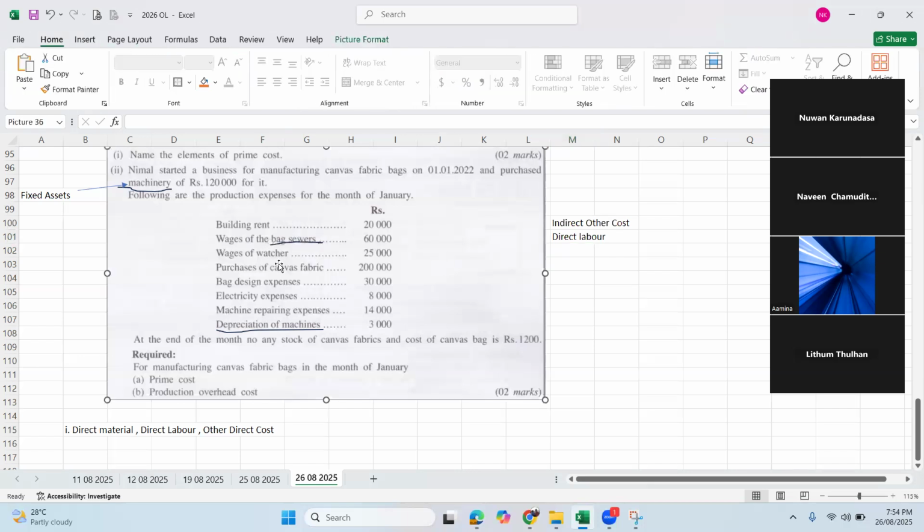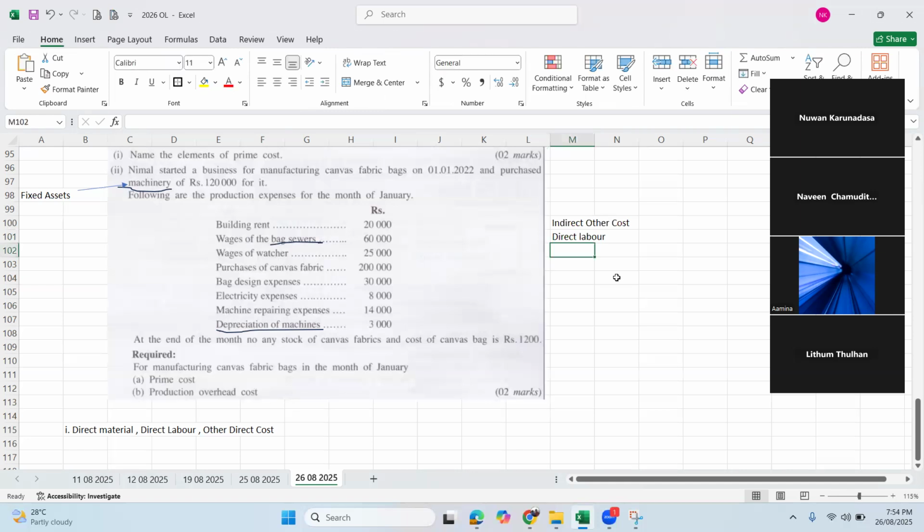Then wages for the watcher is indirect labor. Then purchase of the canvas fabric, that is direct material.